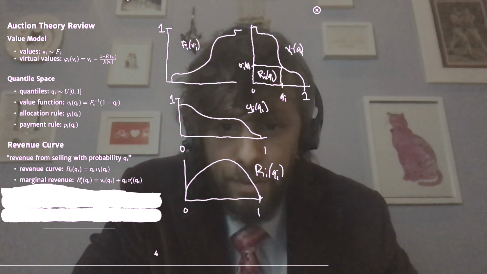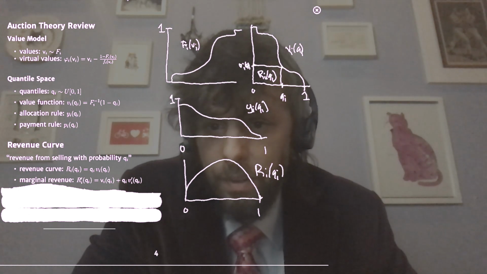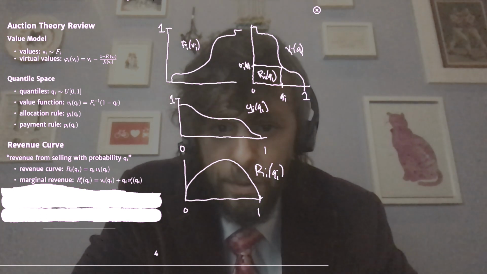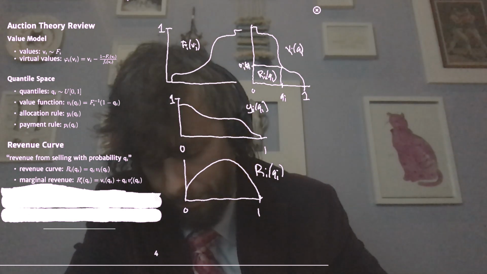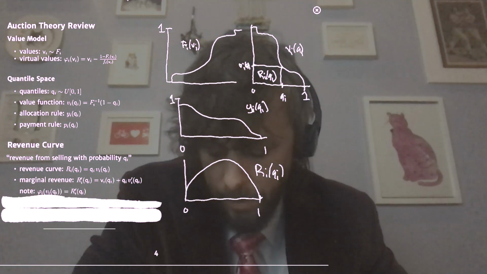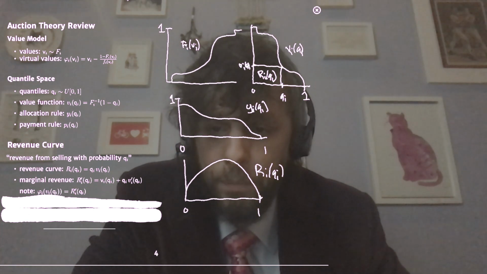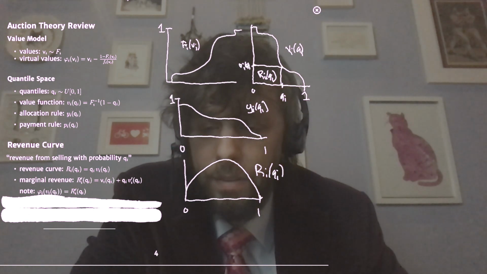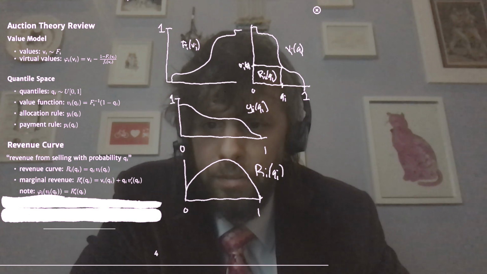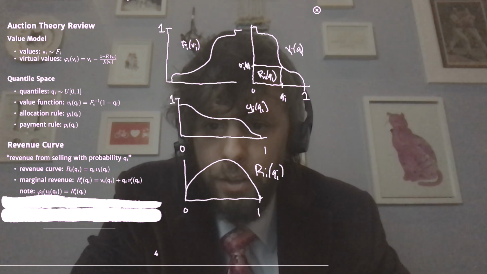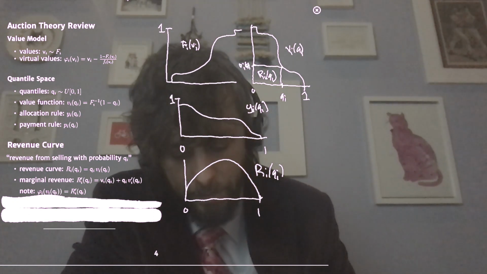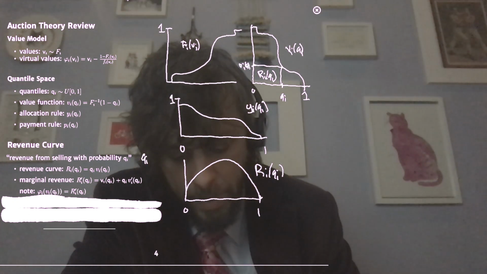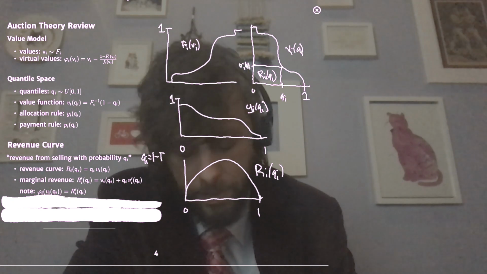The marginal revenue is the derivative of the revenue curve, and I've taken the derivative using the product rule. Okay, and one thing to note here is that the virtual value of the agent is exactly equal to the derivative of the revenue curve. One way to see this is to note that q_i is equal to 1 minus F_i of v_i.